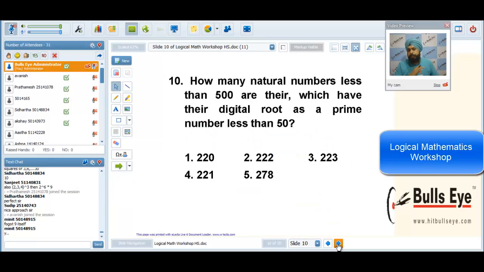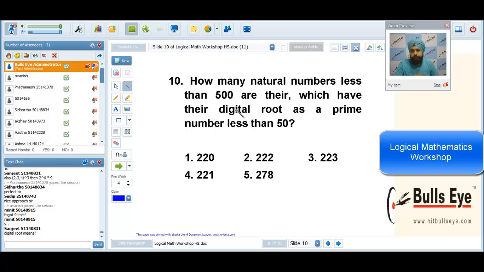Answer this concept based question, students. I guess you all are aware of the term digital root. Okay, for some of you who are not aware of this, guys, digital root of a number means you add the digits of a number and keep on doing so up to the time you do not obtain a single digit.